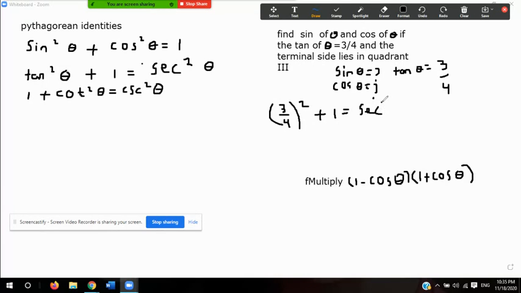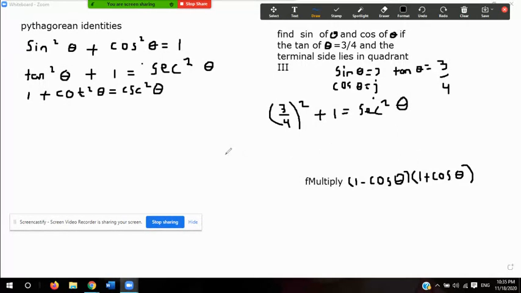Now we can turn that into 1 over the cosine squared of theta and work with that. Or we could just apply the identity directly. So we have 3/4 squared plus 1 equals the secant squared.